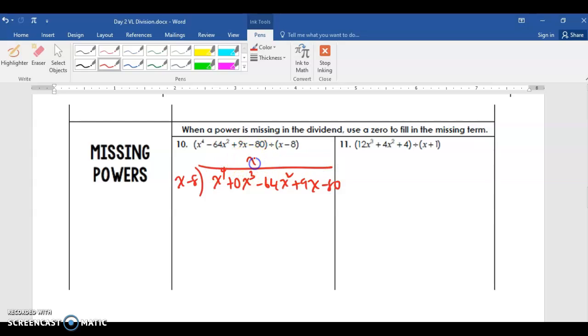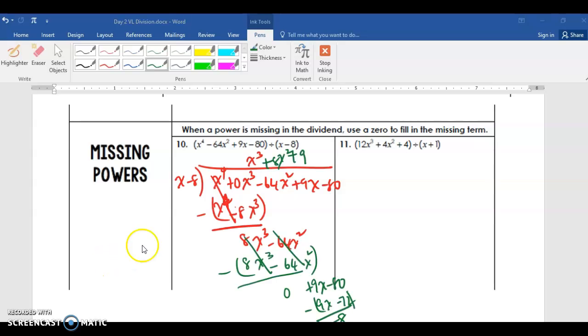So it's like x cubed times x gives x to the 4, minus 8x cubed, right? So that's how you deal with it. And everything else is just the same, okay? Check your work and we get a remainder here.